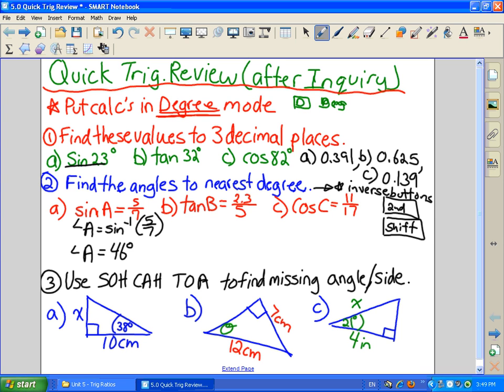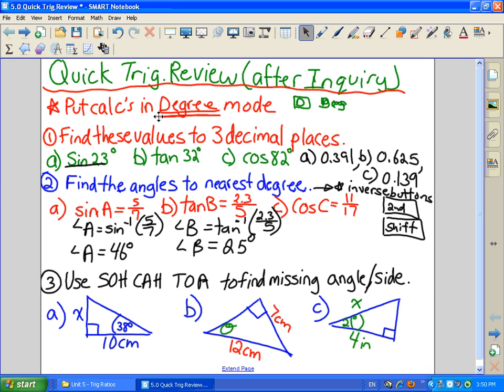Okay? Taking a look at the second example, tan B equals 2.3/5. Again, we want to find angle B, so that equals the tan inverse of that fraction, 2.3 divided by 5. Angle B, if you plug it in your calculator, should give you 25 degrees.